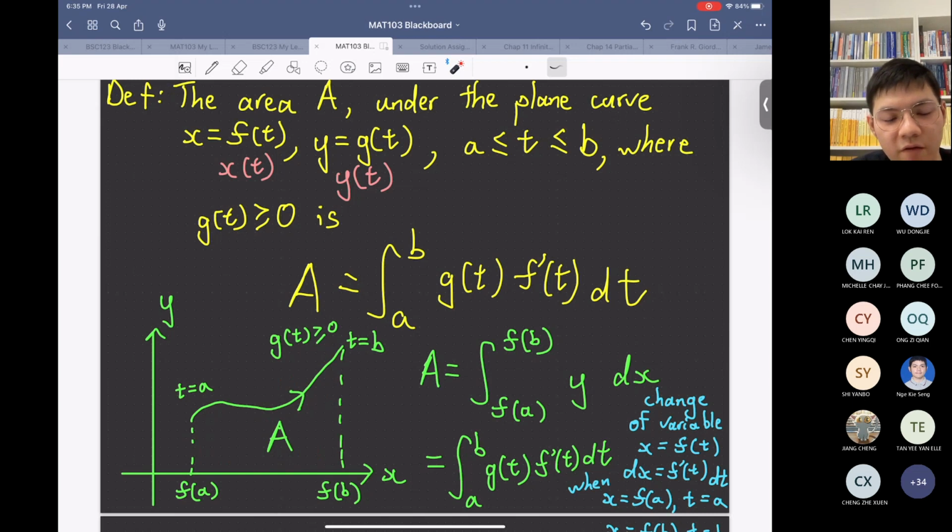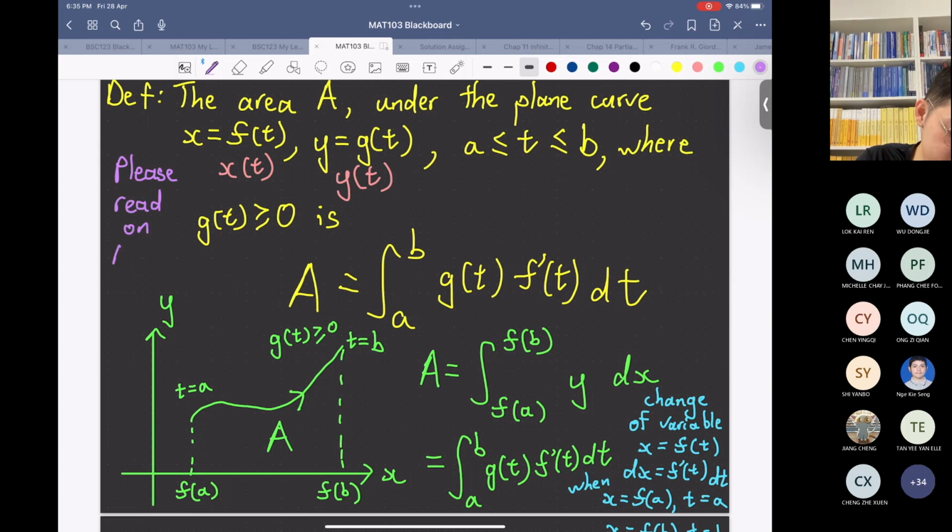So if you like, please read up on the sign change of A due to orientation.